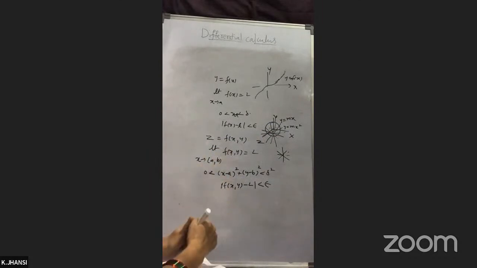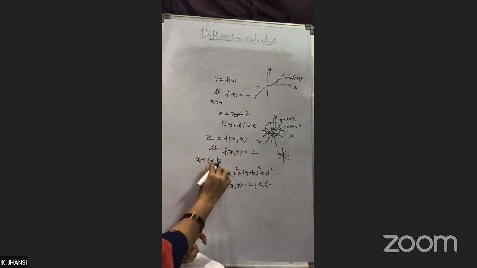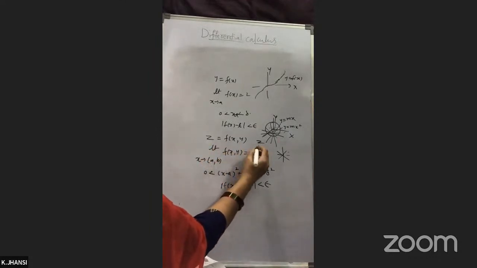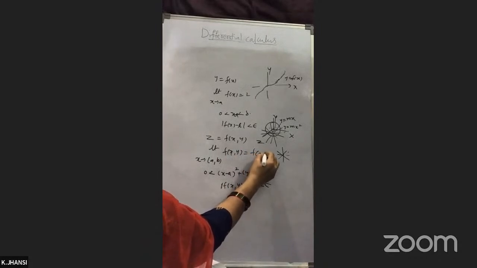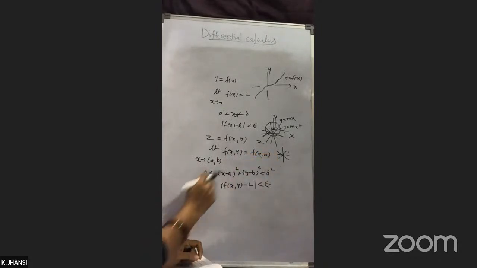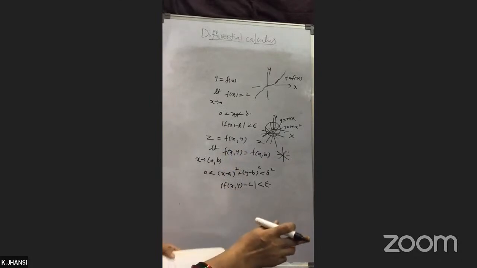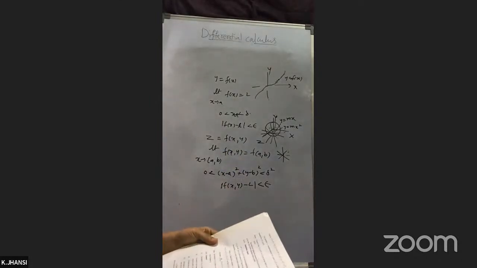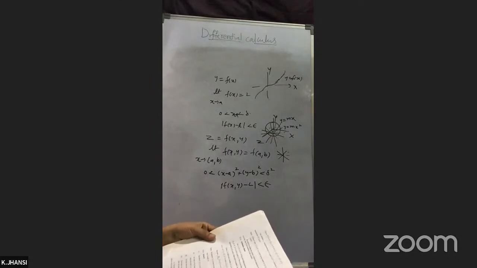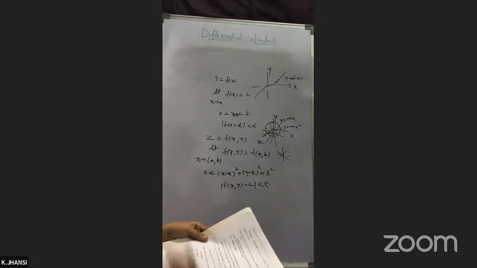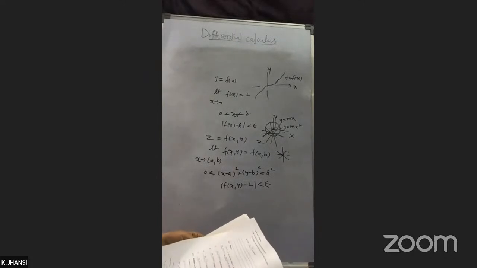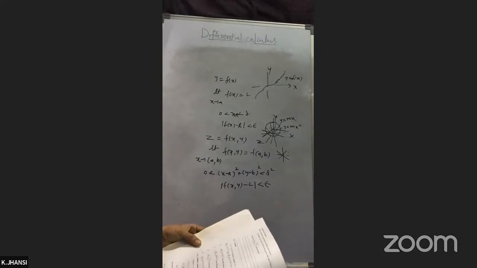In a similar way, if the limit as (x, y) tends to (a, b) of f(x, y) equals f(a, b), then this is called continuity of functions of two variables. The definitions are on page 98, 5.2.7, and 5.2.8 is the definition of continuity.